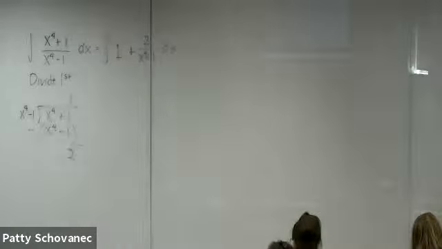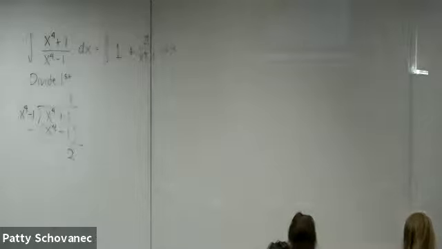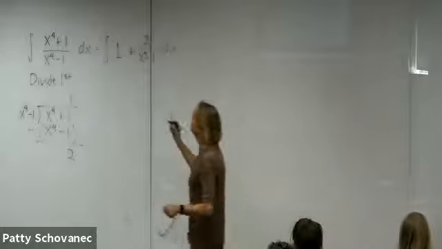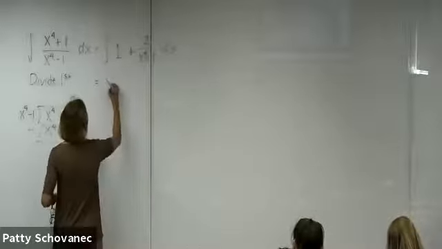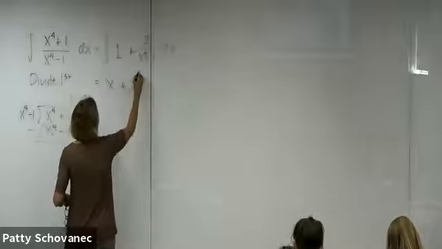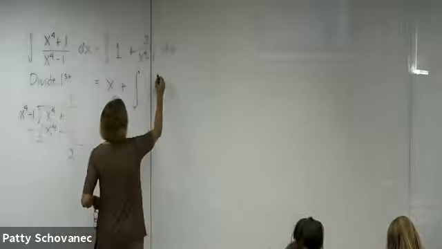So we go for that partial credit and go ahead and integrate the 1. Compute that integral and get x. And then over here, we're going to do the partial fraction decomposition.